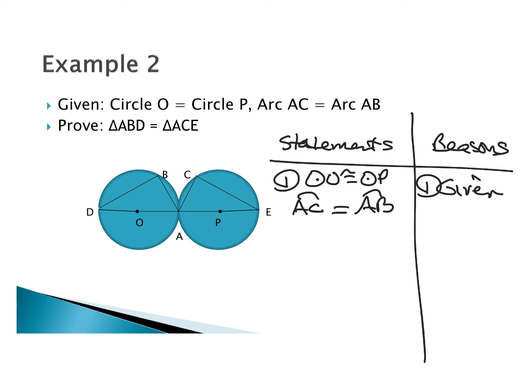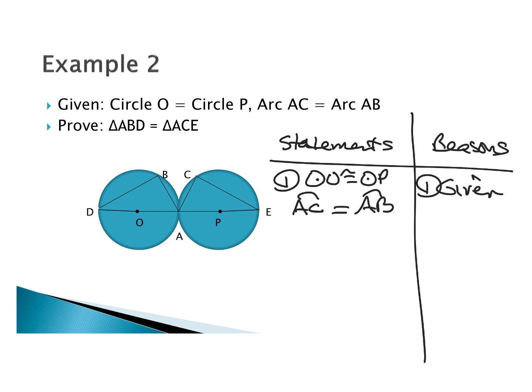So my next statement, and I can go about finding different sides in here that are congruent, multiple different ways. I could actually prove this with hypotenuse leg. I'm going to show you angle, angle, side, but there's more than one way to do this.